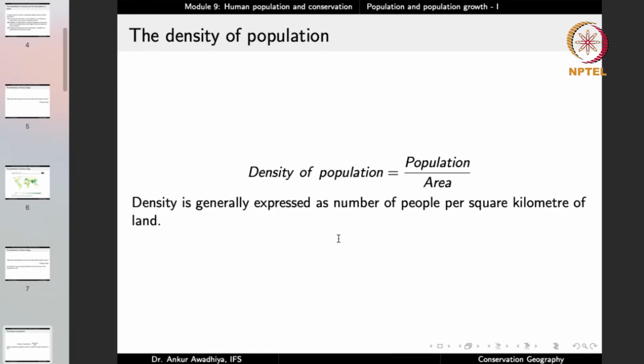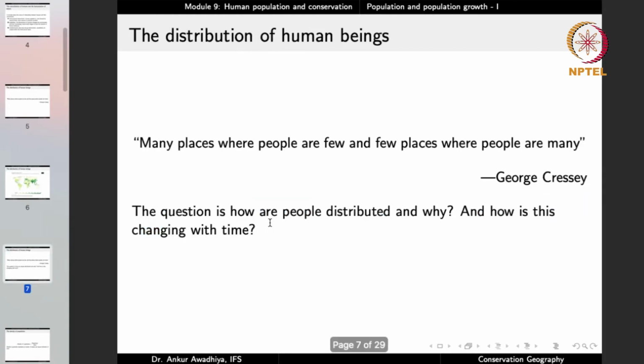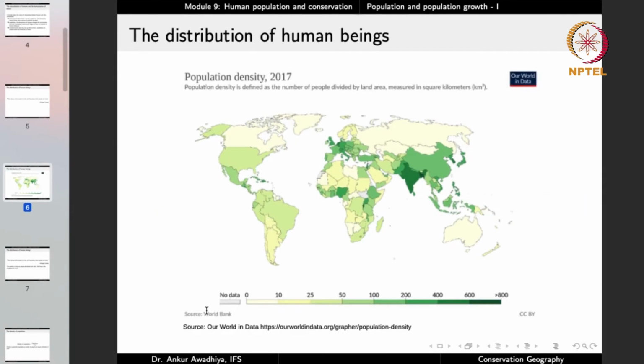So, to understand this distribution, we define the concept of density of population. Density of population is defined as population per unit area. It is generally expressed as number of people per square kilometer of land. In this chart, we are looking at number of people measured in square kilometers.